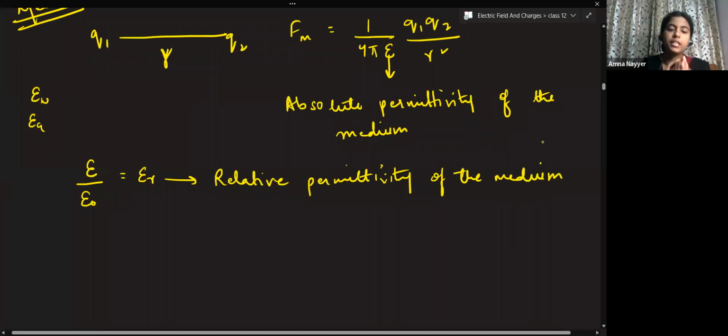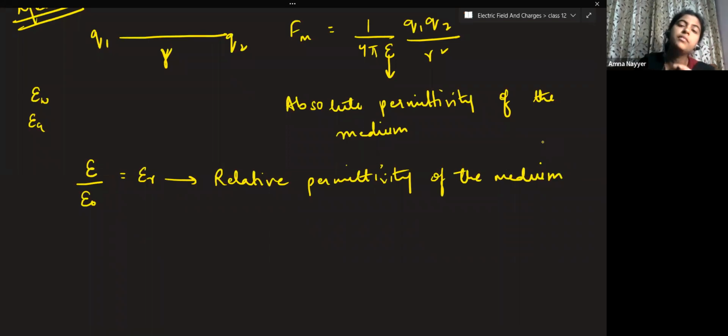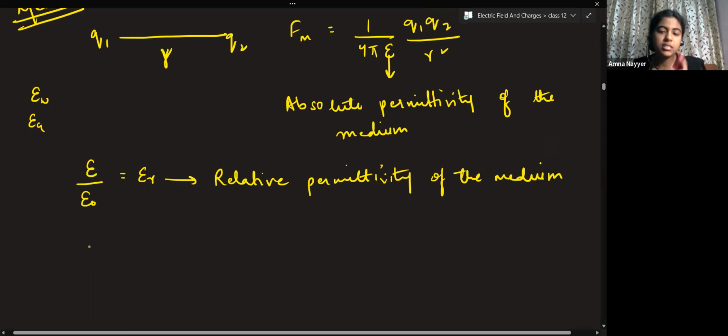So the ratio of absolute permittivity of the medium to the permittivity of free space gives you the relative permittivity of the medium.